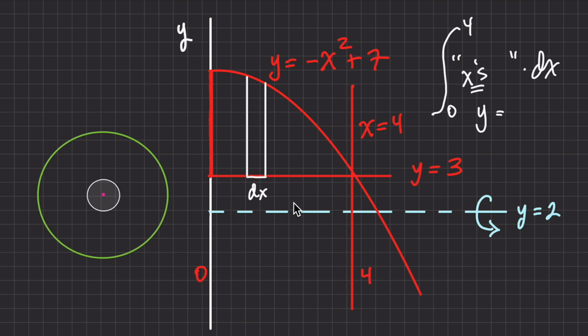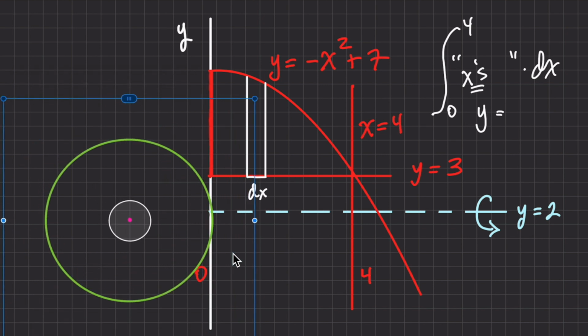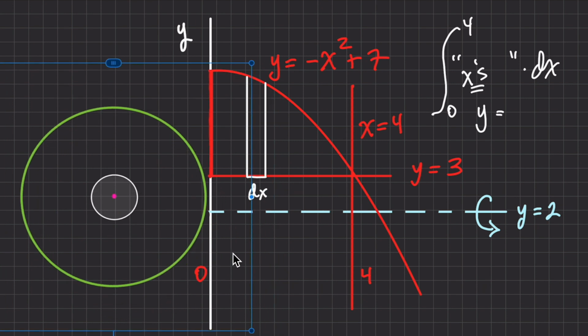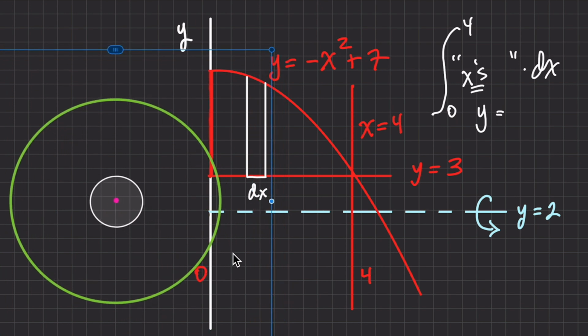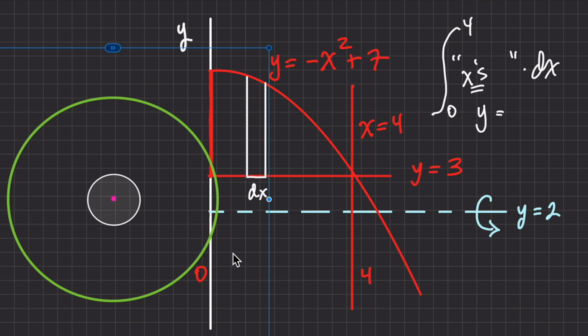Okay, let's now figure out how this washer fits this diagram. You could see here that this distance here, let's see if I can make this a little bigger. The distance from the axis of rotation, which is that pink dot right there. Okay, that's close enough.